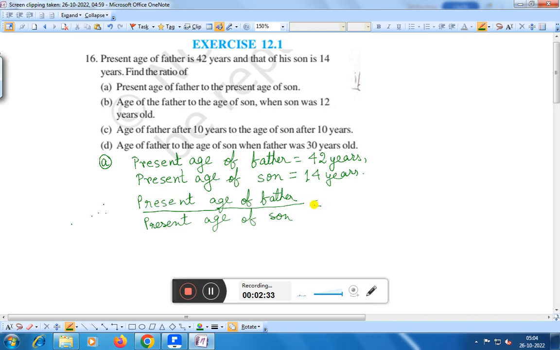That is equal to present age of father was 42 years, and present age of son is 14 years.